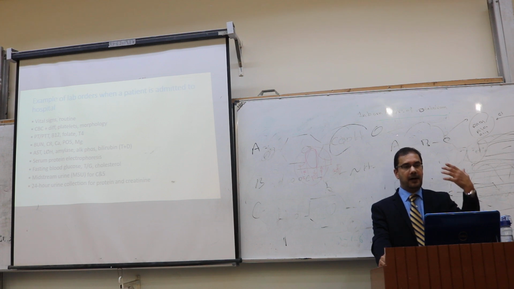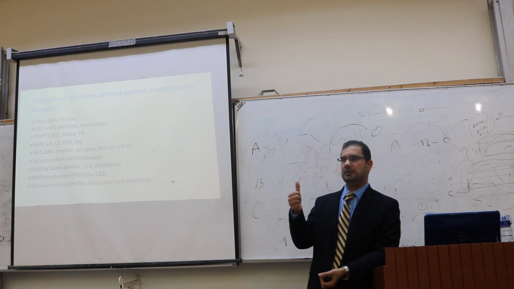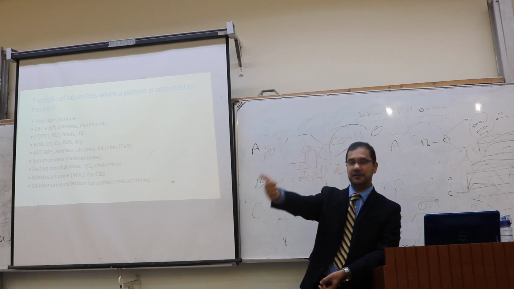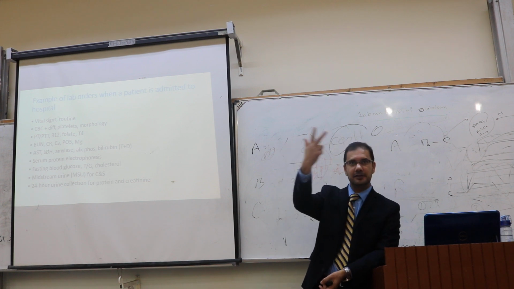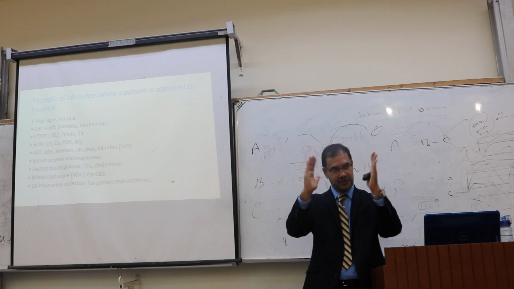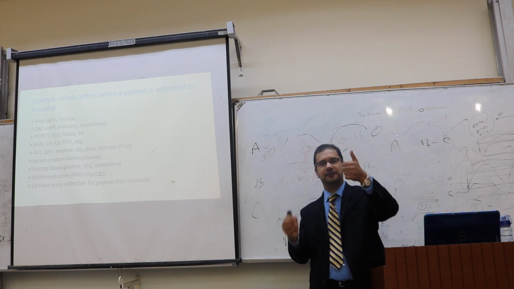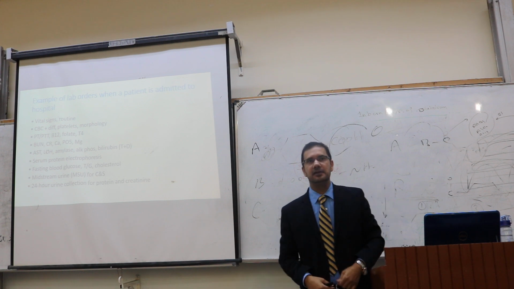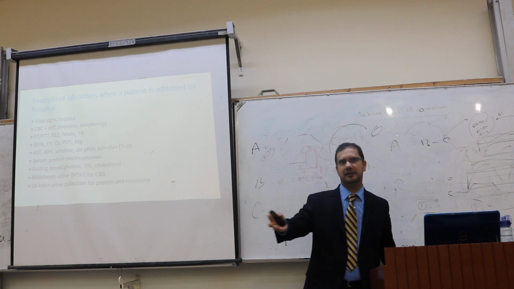Could you give me an example of the most common lab tests we do usually? CBC. What do you mean by CBC? Complete blood count or complete blood picture. Hemoglobin is under complete blood picture. Electrolytes, urine, renal function test, renal package, liver function test package, lipid profile, ESR, okay.